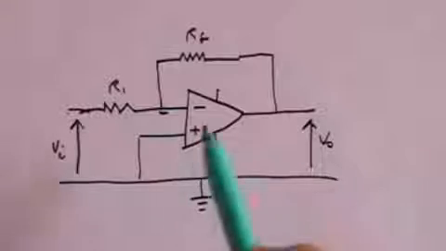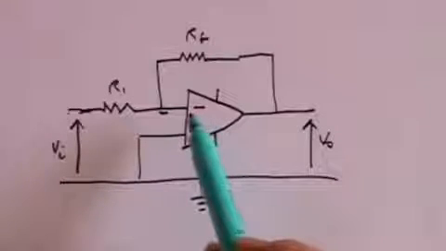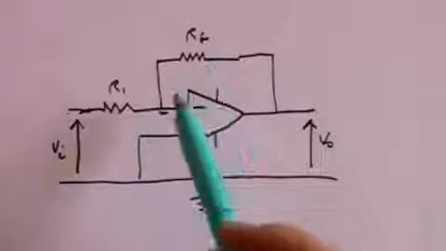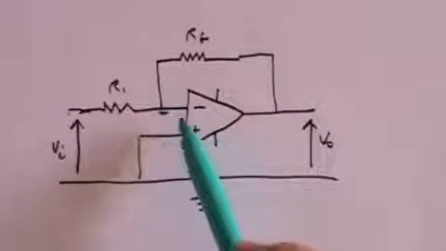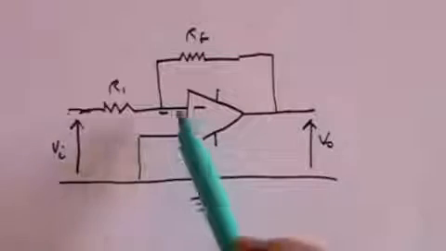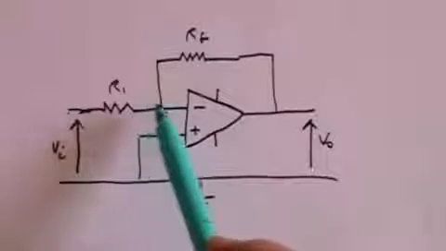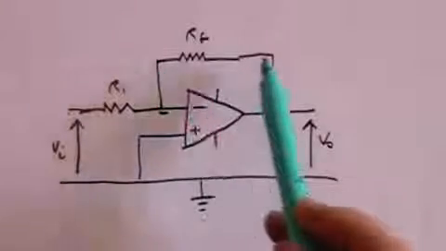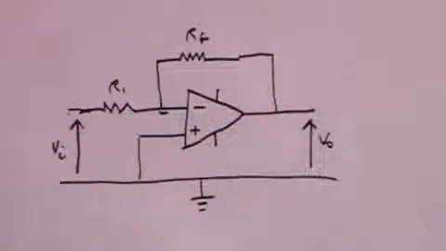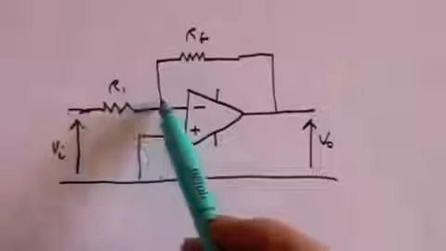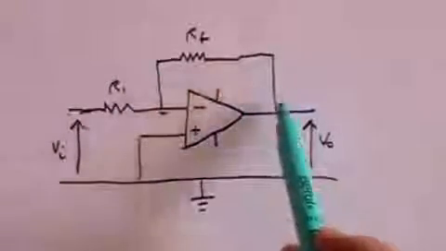Now, one of the important qualities of an operational amplifier is that its input resistance is extremely high, which means that for all practical purposes no current flows along these two lines here. So any current coming along here past this resistance is going to flow that way round the circuit. If the input voltage is positive, then the current is going to flow this way.